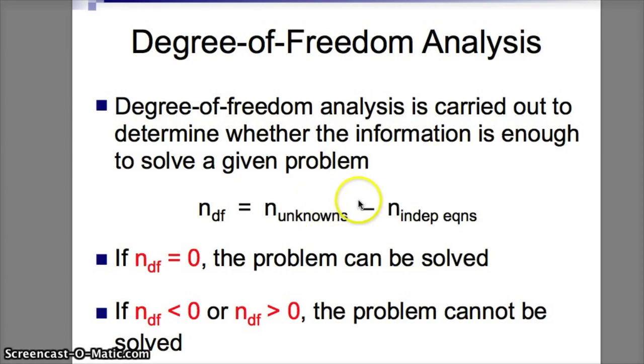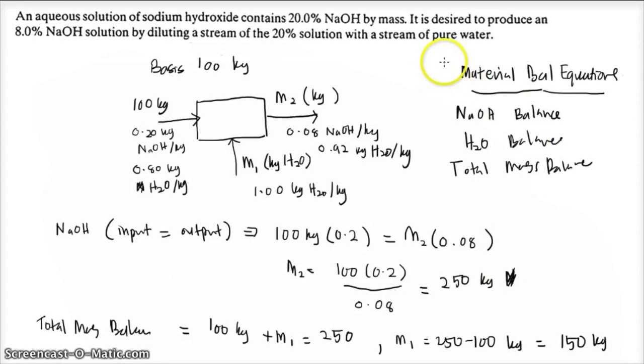It involves the number of unknowns and the number of independent equations. Like in the previous example, we can use up to 3 equations, and we only have 2 unknowns, which are M1 and M2. So basically we can use 2 balances to solve the equation.